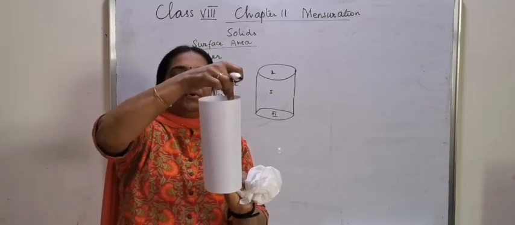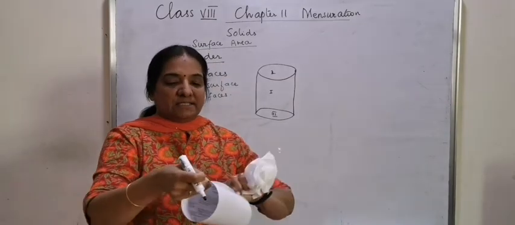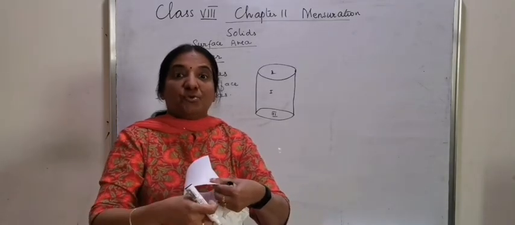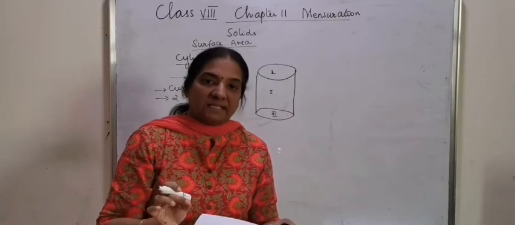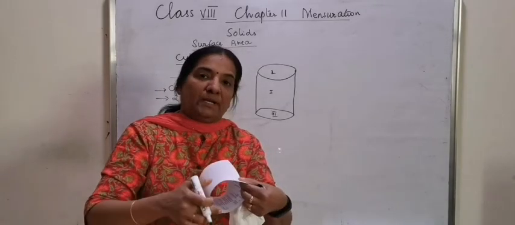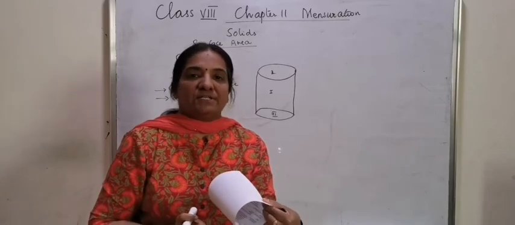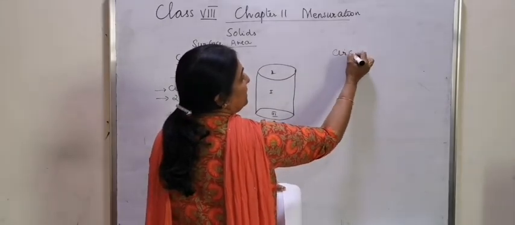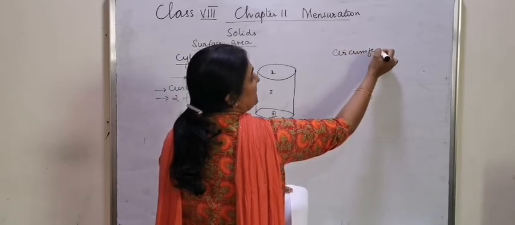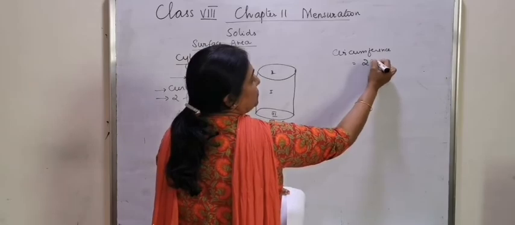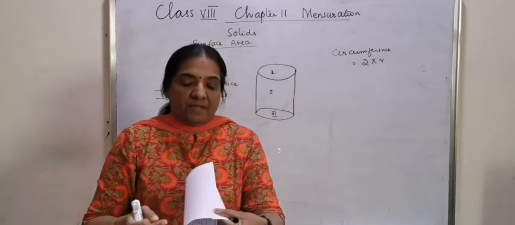The base shows the shape of a circle. Since it is hollow, this measure will be the circumference of a circle. What is the formula for the circumference of a circle? It is equal to 2 pi r.